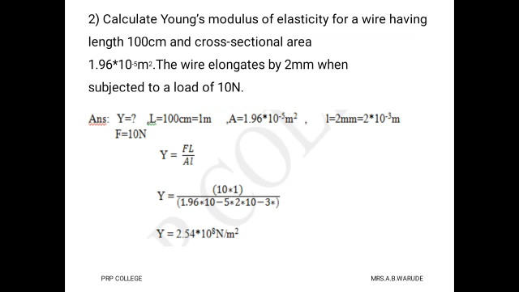Therefore, the formula for Young's modulus is Y equals capital F into capital L upon capital A into small l, where capital F means applied force, capital L means original length of wire, capital A means cross sectional area of wire, and small l means the change in length or extension produced. Then we put the values.